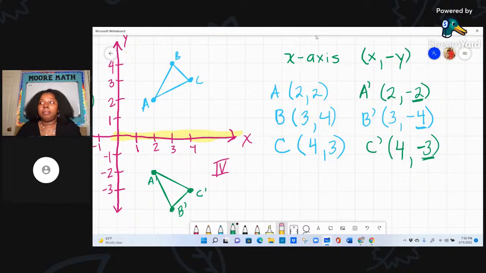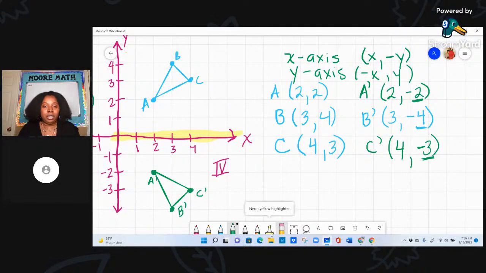You see that? Yeah. What do you think is going to happen when we reflect over the y-axis? Let's make a prediction. The X would become negative. Excellent. Okay, the y would stay the same and the x would become negative. That was great. Okay, so let's see if that's true.